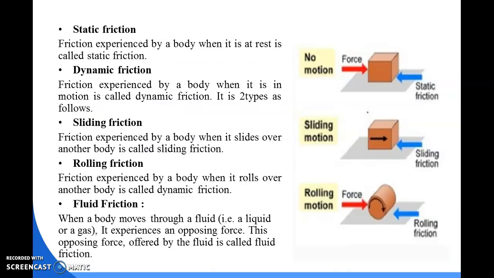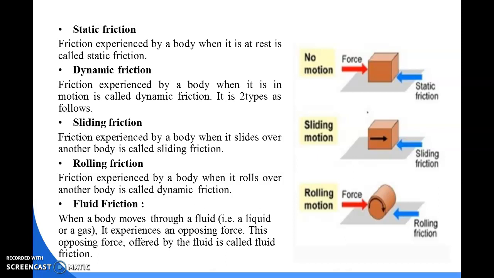First of all, sliding friction. Here the friction experienced by a body when it slides over another body, whatever friction is produced at that time, is known as sliding friction. Then we come to rolling friction. This is the friction experienced by a body when it rolls over another.